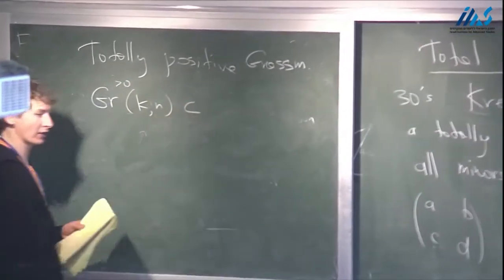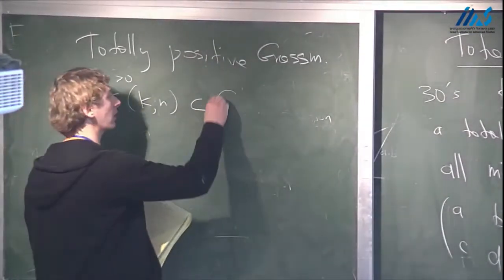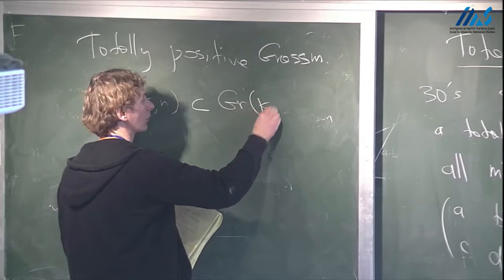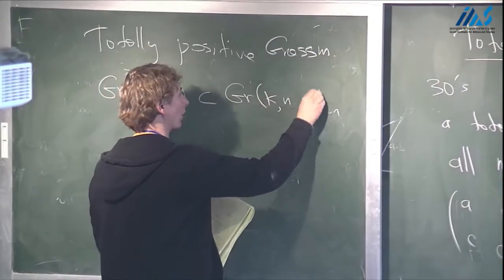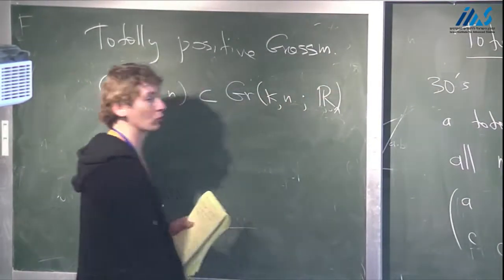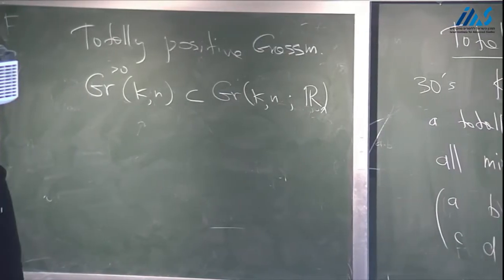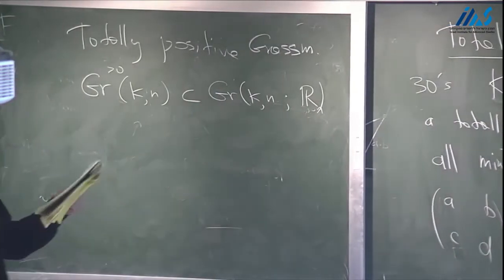It's a certain subset of the Grassmannian. Now I need to use real numbers. Instead of the complex field, I'm going to use real numbers. So it's a certain subset of the real Grassmannian.